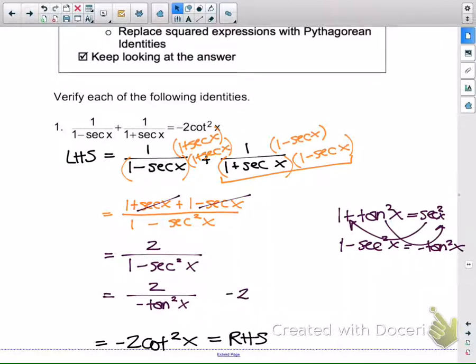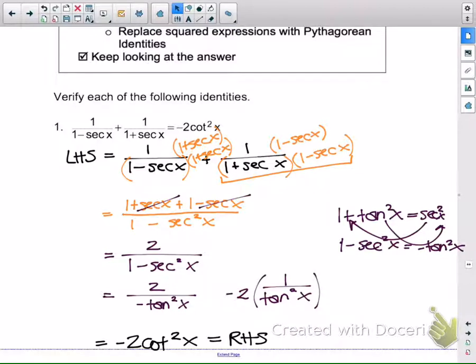Take the 2 and the negative and pull them out front. What you would have left is 1 over tangent squared, right? What's 1 over tangent squared the same as? Cotangent squared. And that negative 2 is out front. You can show that step that I just showed. Okay? You don't have to show that step.